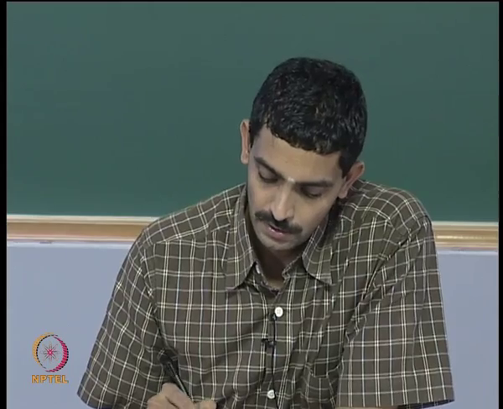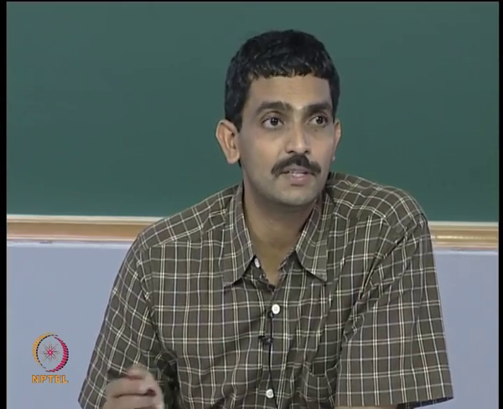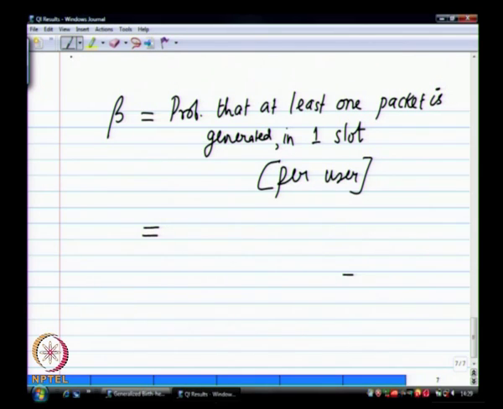So what is this going to be? Given that the arrivals are Poisson, which I did not say earlier but am saying now, with arrival rate lambda per user, not system wide.